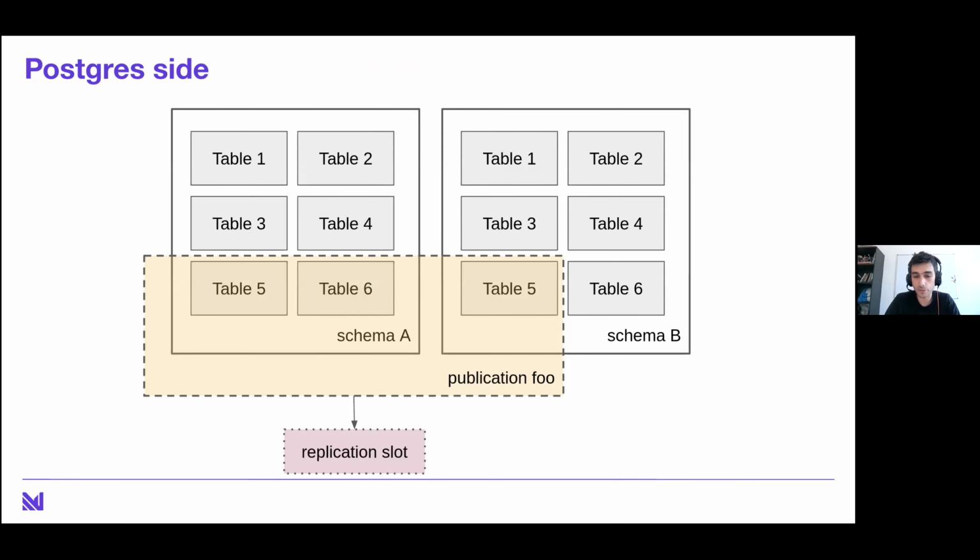And then one important point about the replication slot is that from the moment it gets created, it will hold up the necessary data for the system that uses the slot to resume.